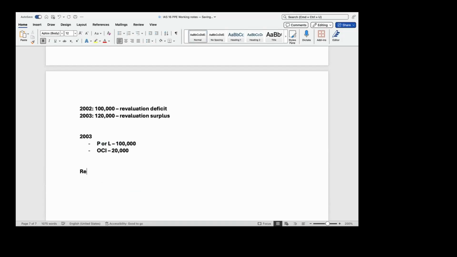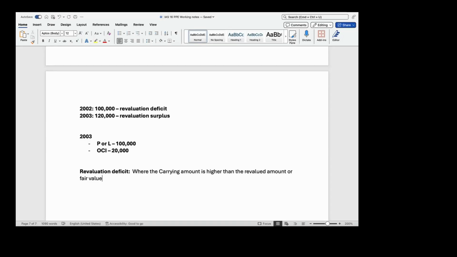For revaluation deficits, this usually occurs where the carrying amount is higher than the revalued amount or fair value. So we have a revaluation deficit.